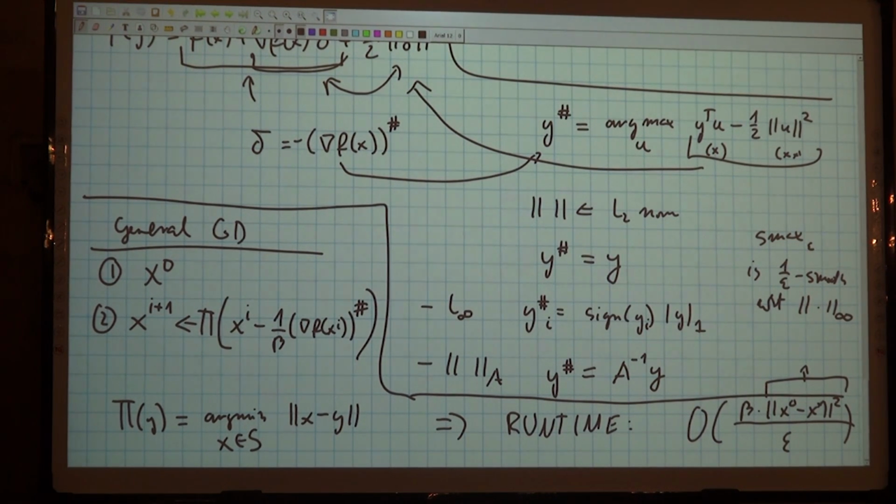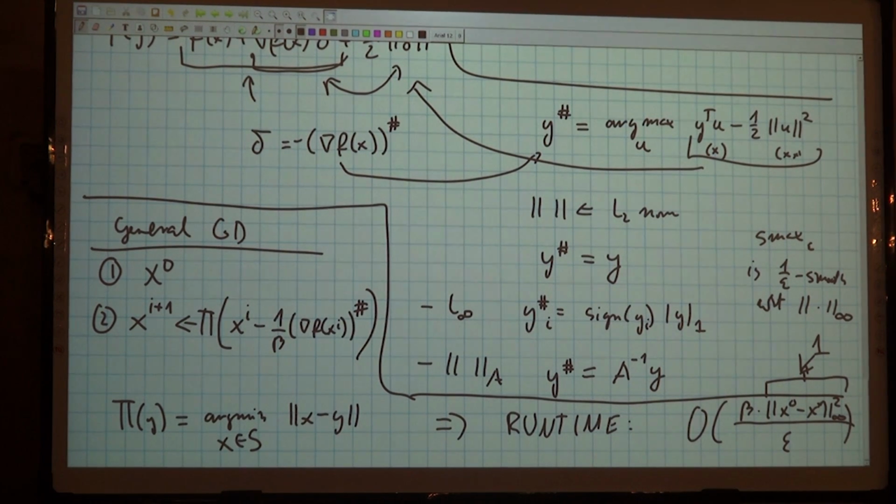If I start from the all-zero solution, and I know that the optimum solution does not flow more than 1 unit of flow on any particular edge, then in the L infinity norm the distance is always at most 1. So we go from n to 1 by just choosing the right norm.